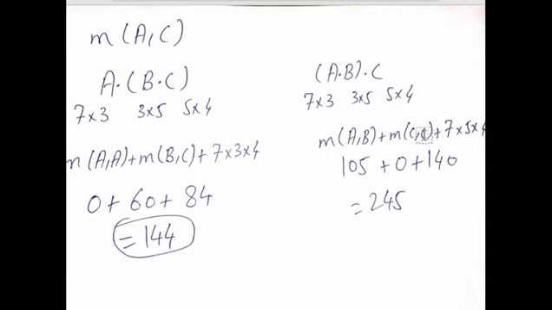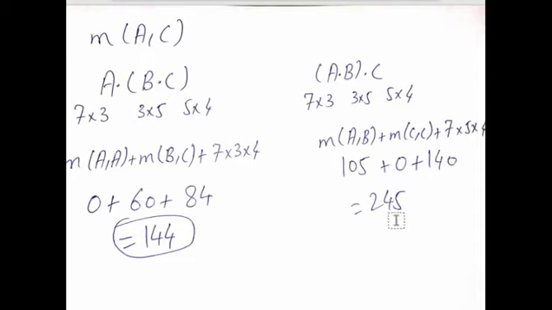And if we do this multiplication, 7 into 5 is 35, 35 into 4 is 140. Now if we add all these, 105 plus 0 plus 140, we get the answer 245, and with the first possibility we got the answer 144.